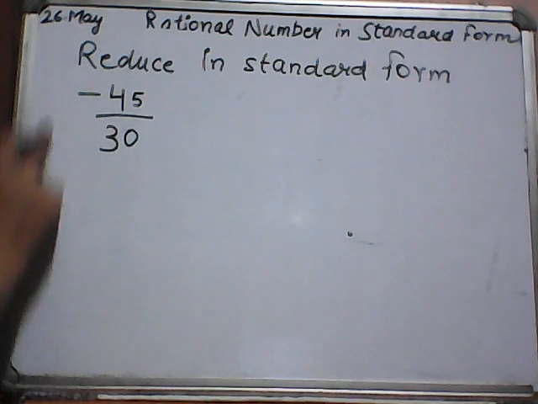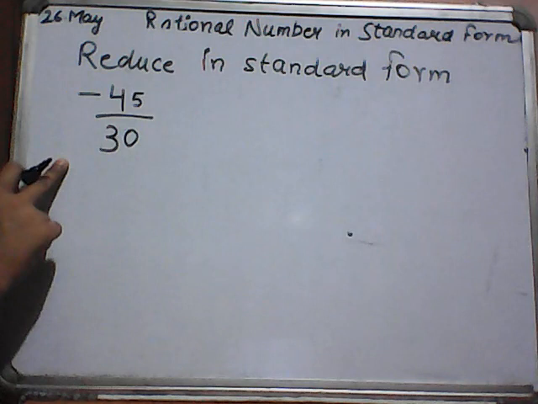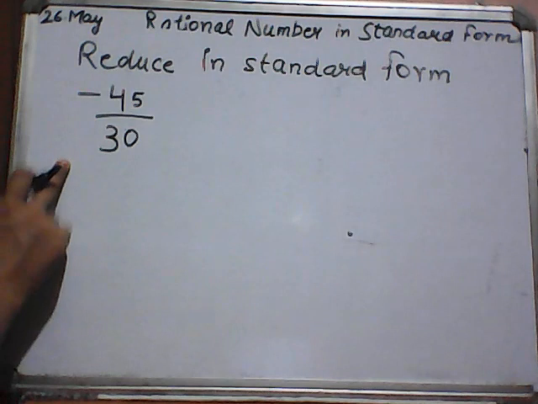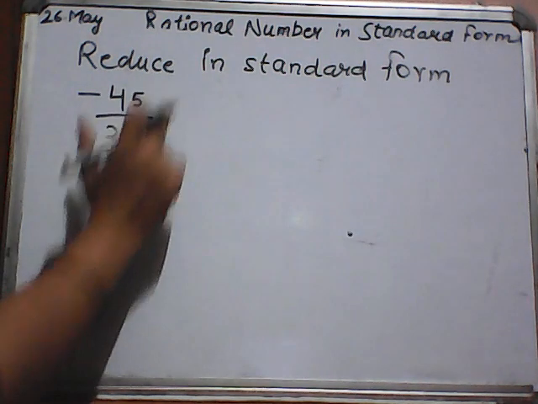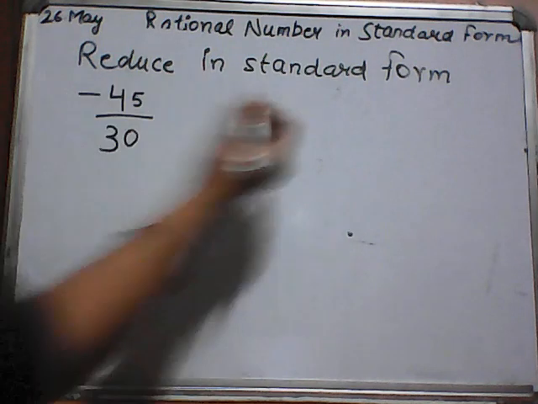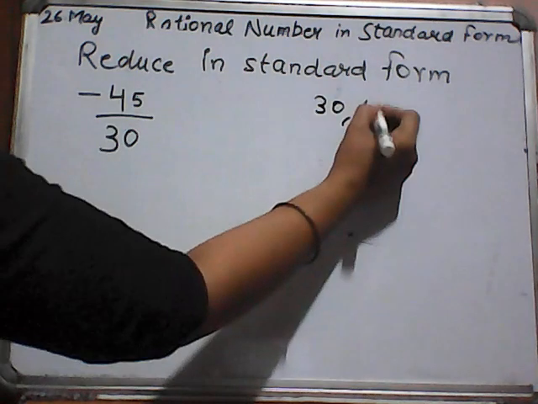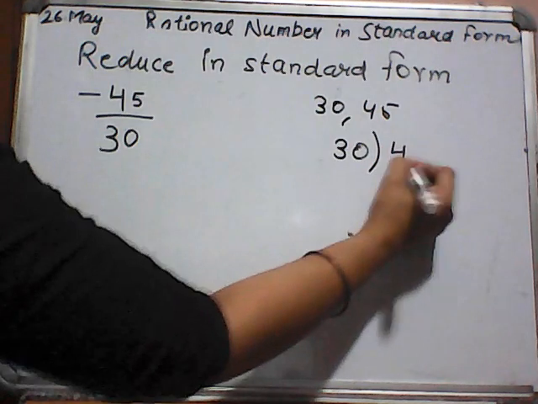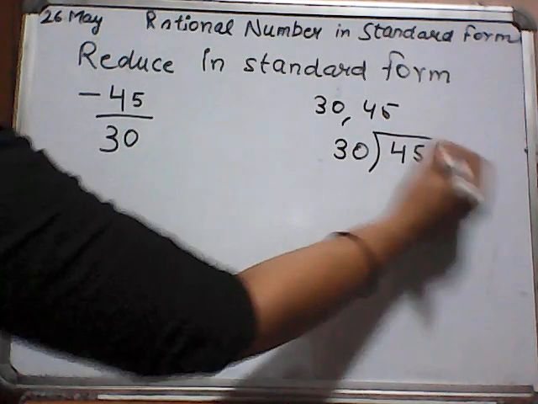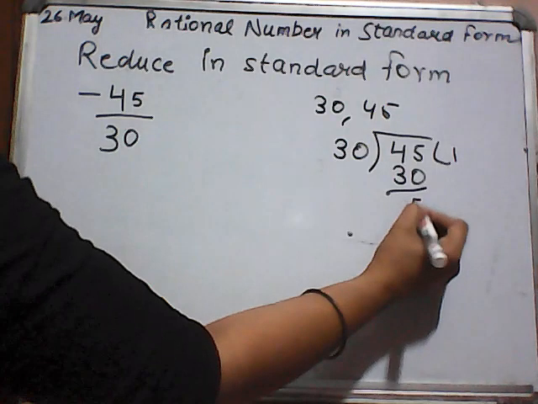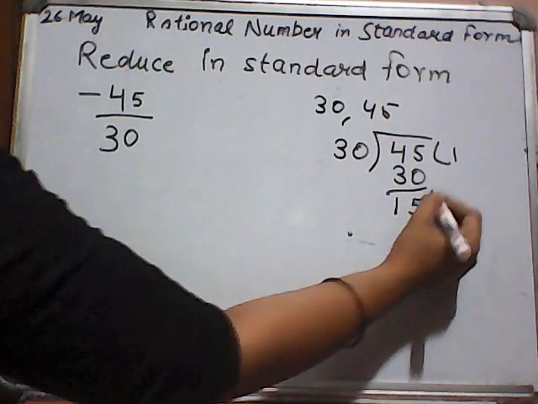If it is not in standard form, we can reduce it into standard form using the concept of equivalent rational numbers, dividing numerator and denominator by their HCF. How can we find the HCF? 30 and 45. 30 is the smaller number. 30 divided into 45. 30 ones are 30. 5 minus 0, 5. 4 minus 3, 1.